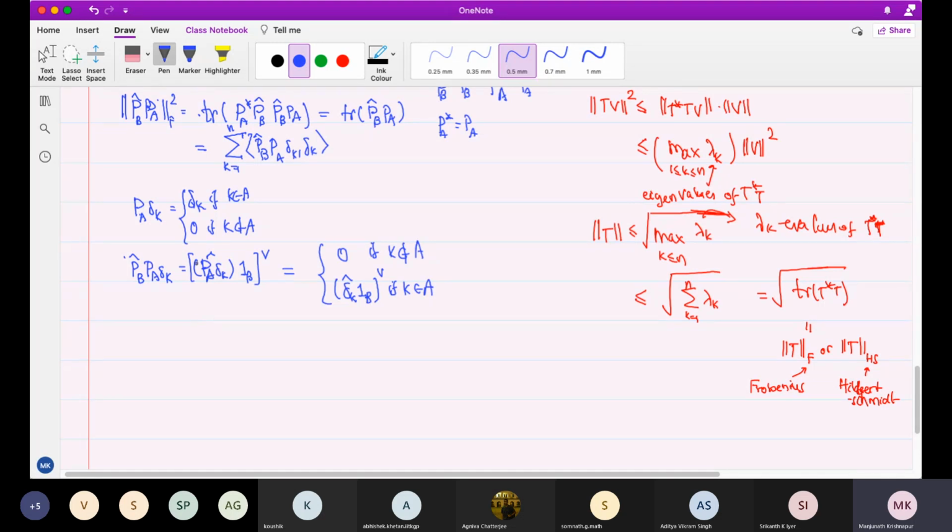It's a calculation. You just have to do it in this basis, and you get the answer. So delta K hat times the indicator of B check, and then we have to take the inner product with delta K.